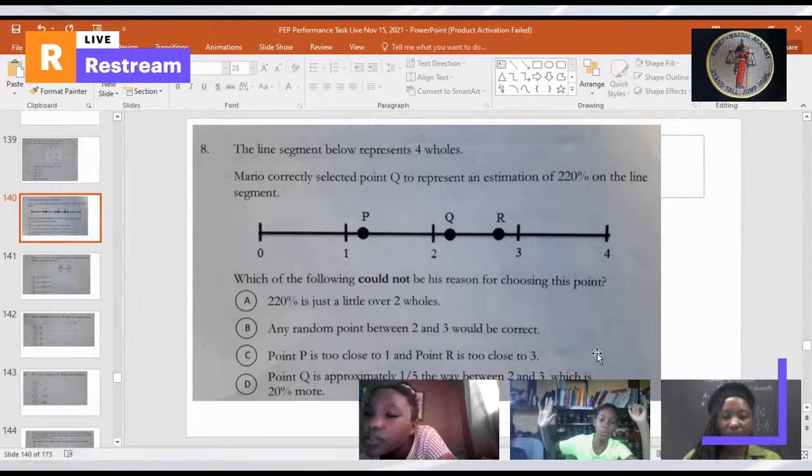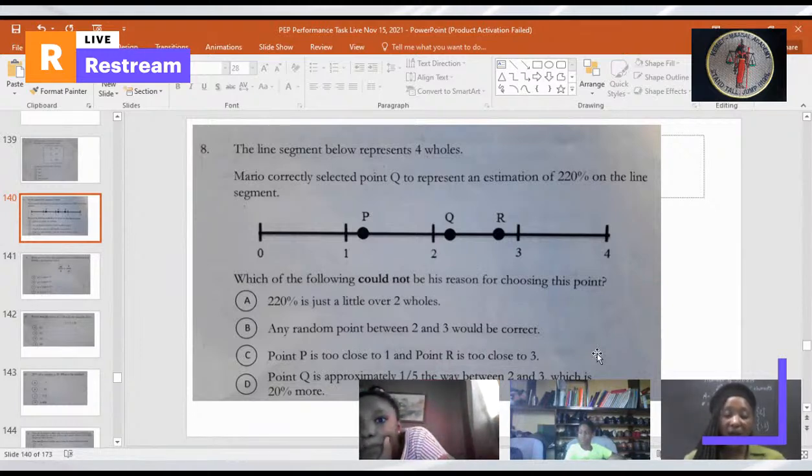Mario was asked to put Q at the best place to estimate 220%, and that's where he put it, where we're looking at where the point Q is on the line. So they're saying 3 of those reasons are reasons that he could have given for putting Q there. Which one would not be the reason why he put Q there?